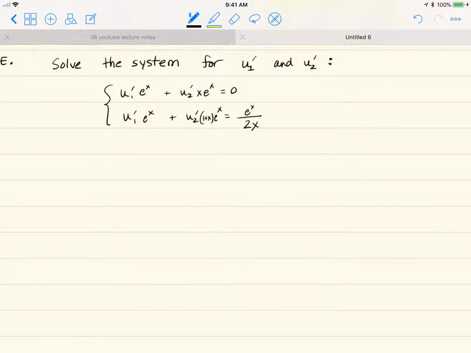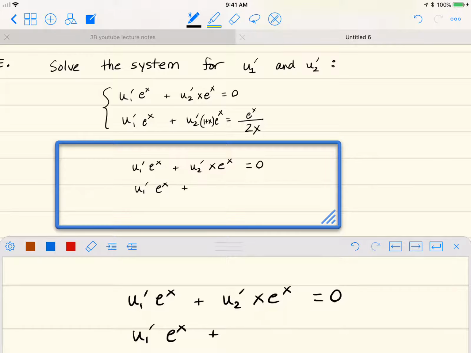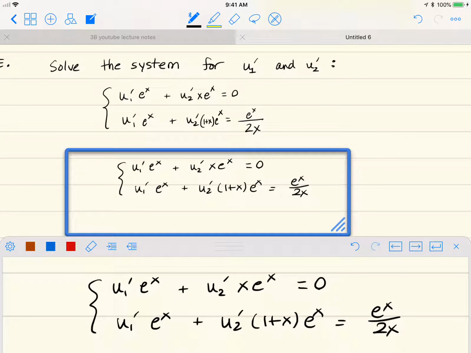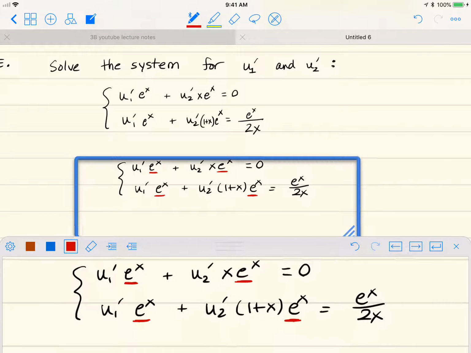So my system is u1 prime e to the x plus u2 prime x e to the x equals 0, and u1 prime e to the x plus u2 prime times 1 plus x e to the x equals e to the x over 2x. Now, in the first equation I can factor out an e to the x, and in the second equation I can also factor out an e to the x.